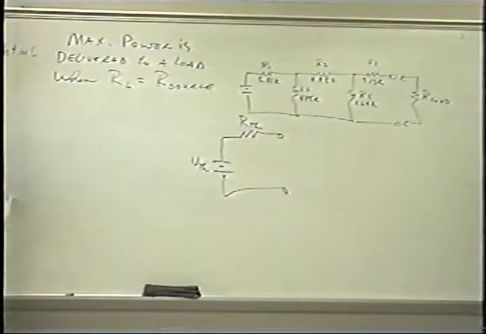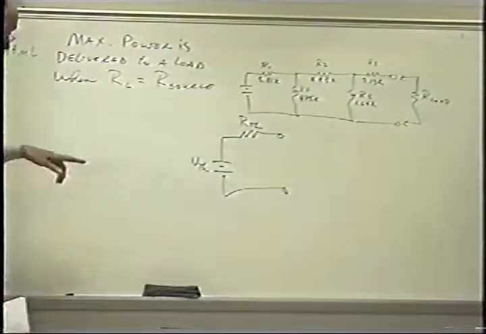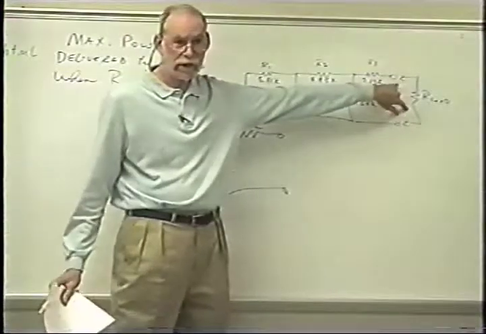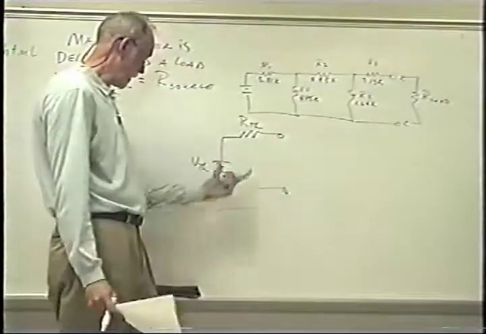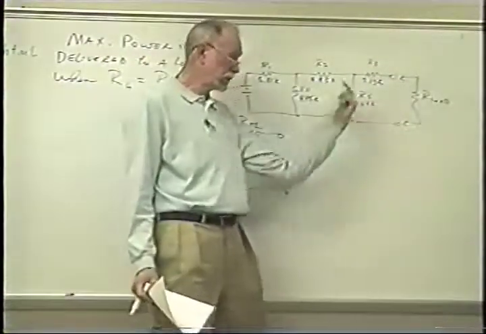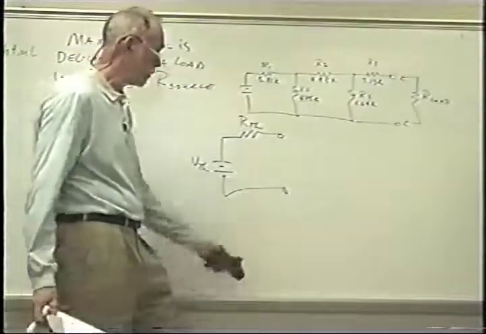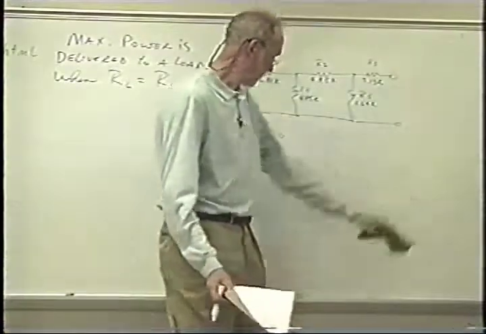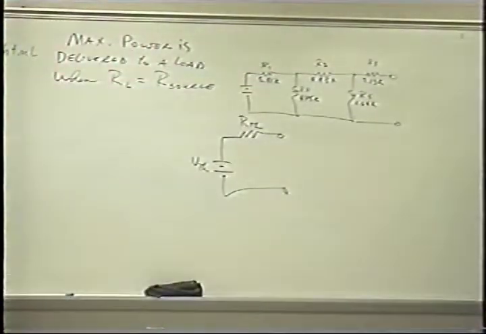We'll call the resistor RTH and we'll call the voltage VTH. As you recall, VTH represents the voltage present at the open circuited output terminal, and RTH represents the resistance looking into the open circuit output terminals. By open circuit output terminals, we mean to remove the load.